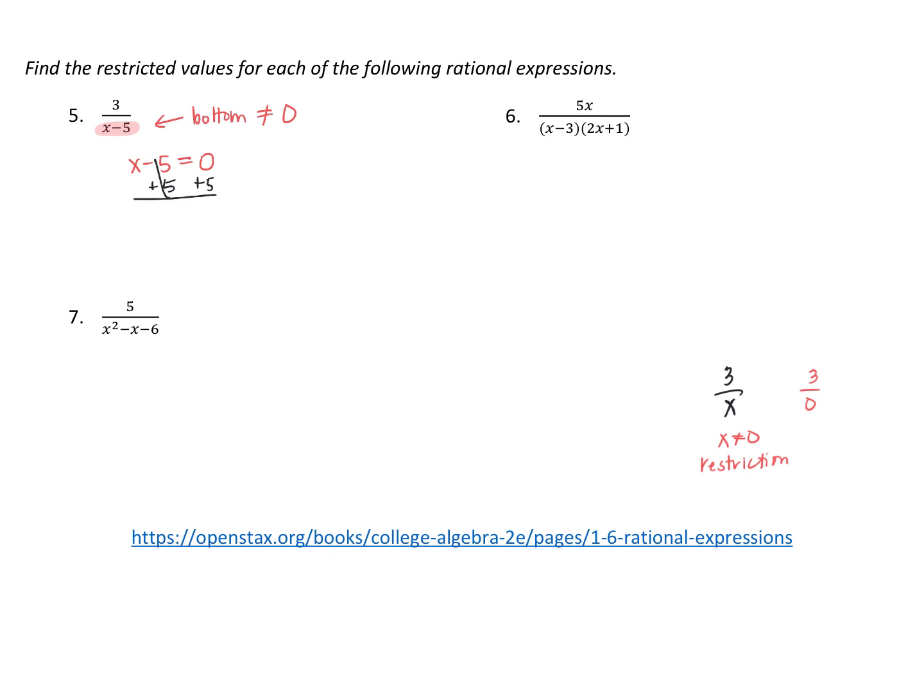I would add 5 to both sides, and I would see that x equals 5. Notice that if I plug 5 in, 5 minus 5 is 0, and that's exactly what I don't want to happen. So by setting the denominator equal to 0 and solving, you're finding your restriction.